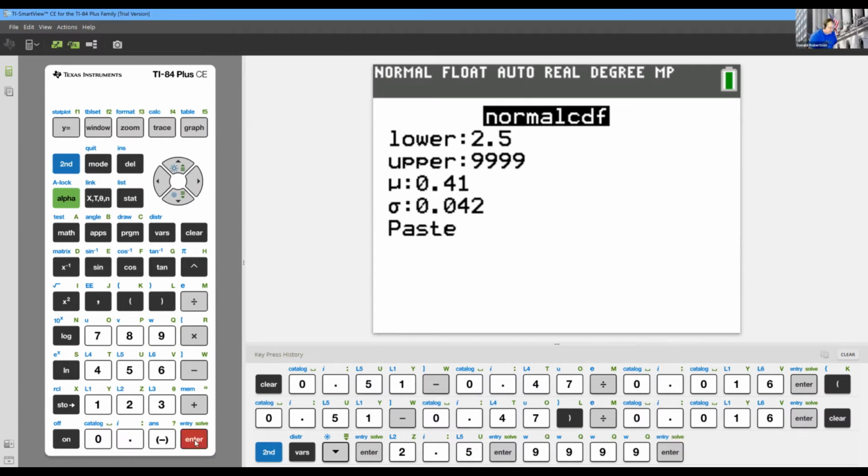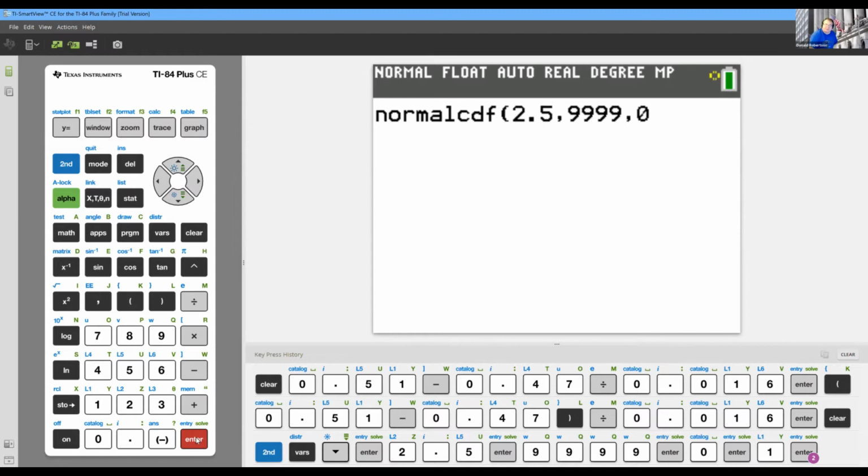Now, this is a Z-score. The mean of the Z-score is 0. Can anybody remember what the standard deviation of the Z-score is? Isn't it 1? Yes. And then you paste it. And the answer I get is 0.006.